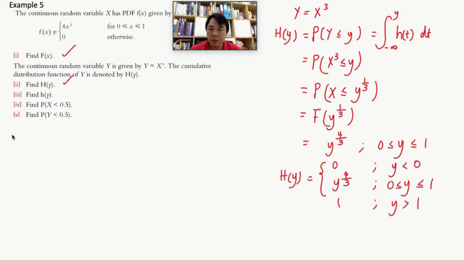The third question. Here we need to work out the density function, knowing that the distribution function is given as such.